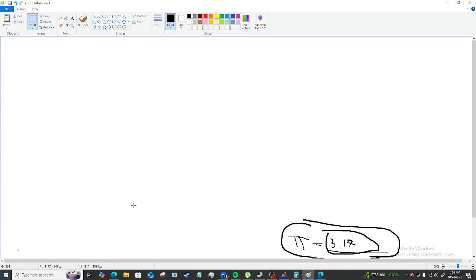The next shape we will be solving is the cone. Let me draw a cone for a second. That's a good enough cone.